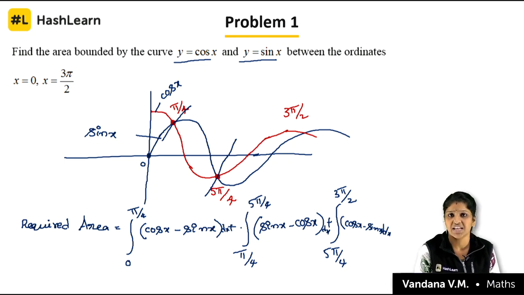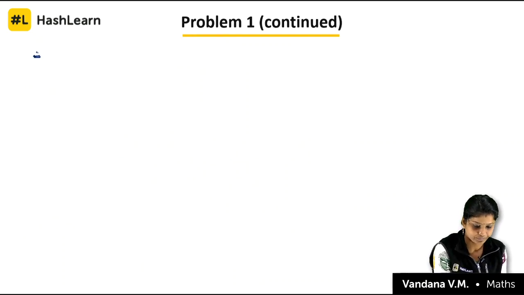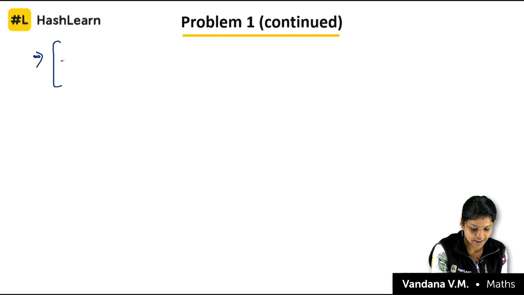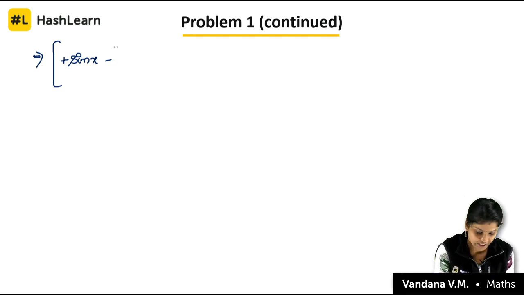And once we distinguish like this, the integration is very simple. The integration will go for the first term and the second term. Please do the integration. Integral cos x is sin x, and integral sin x is minus cos x, that is minus into minus, it is cos x.